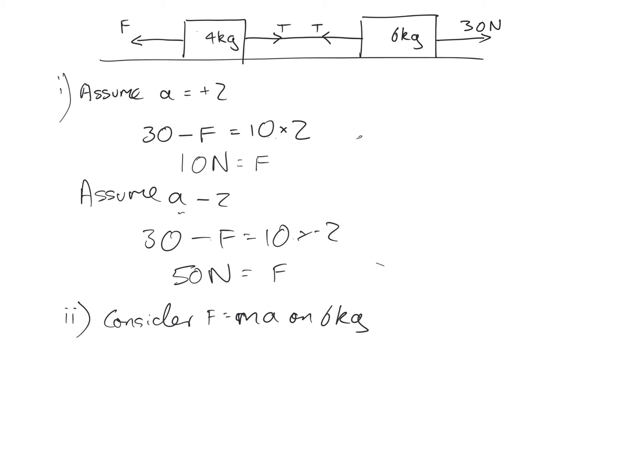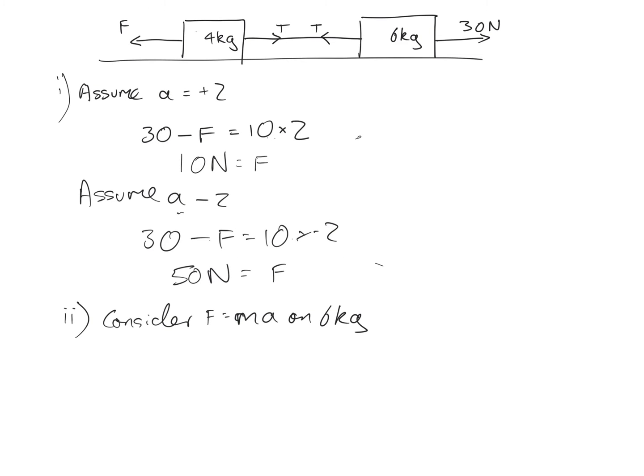So when a equals plus 2, I've got 30 minus T equals 6 times 2. So I've got T equals 30 minus 12, so T is 18 newtons.